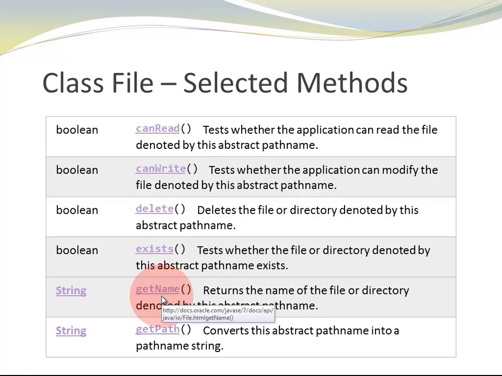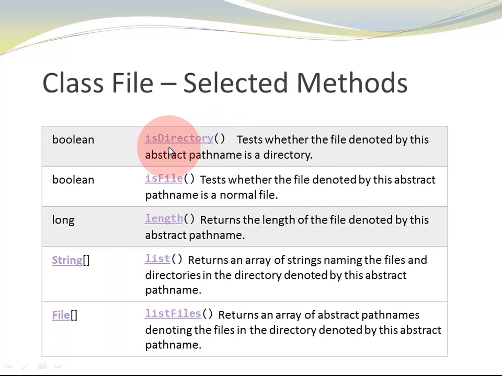I can get the name of my file or my directory, or the whole path as a string. I can check whether my quote-unquote file, which really is a path, is a directory or whether it is a file.